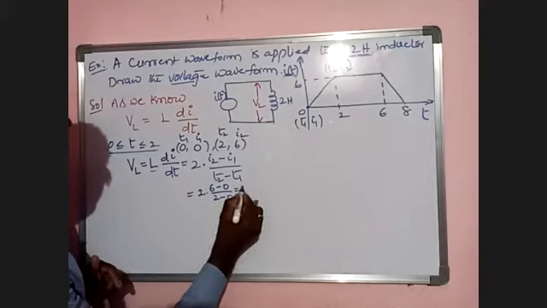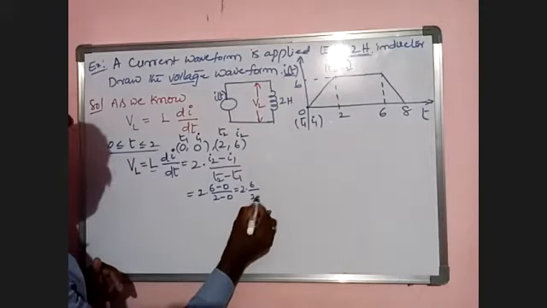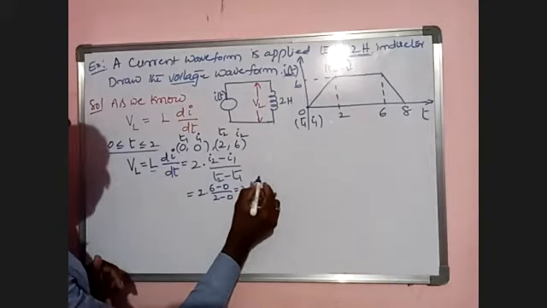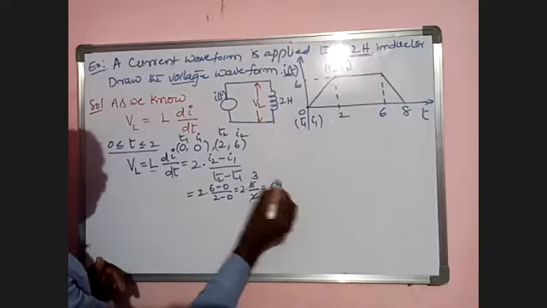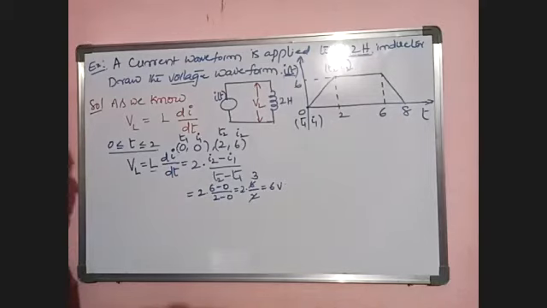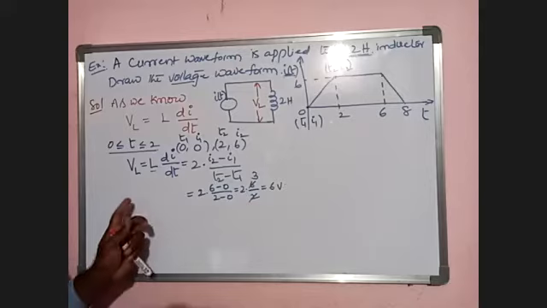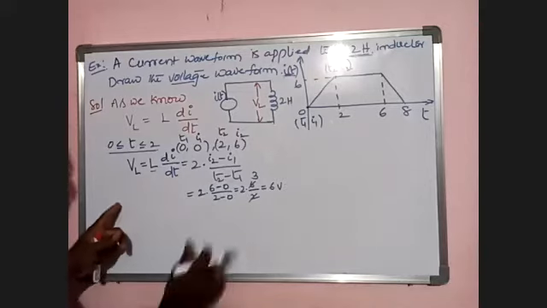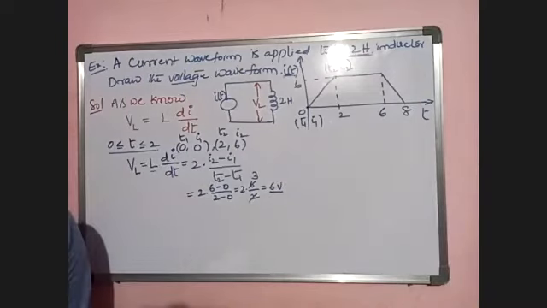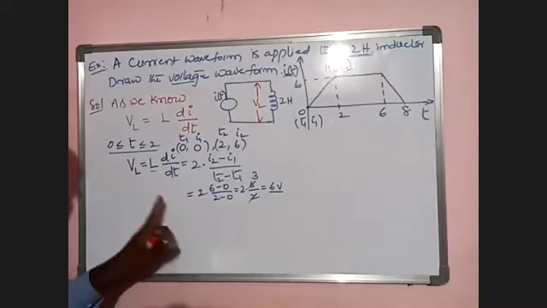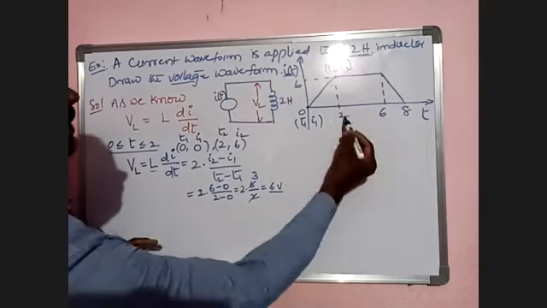So 2 into 6 by 2, that is 3 times 2, which is equal to 6. Therefore it is a constant voltage, 6 volts.